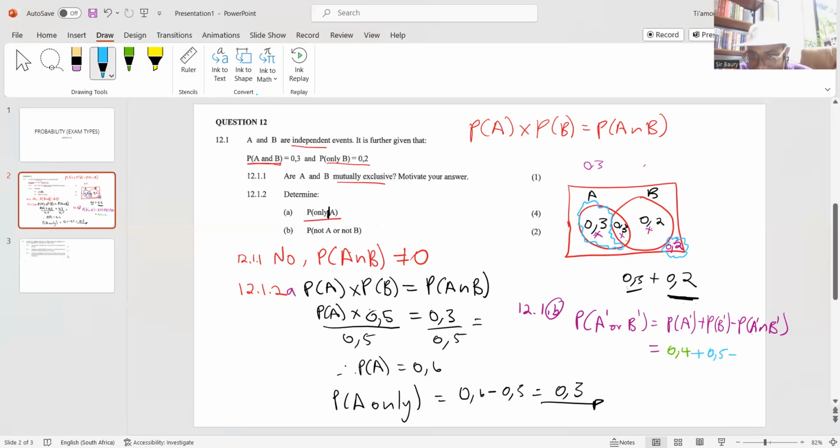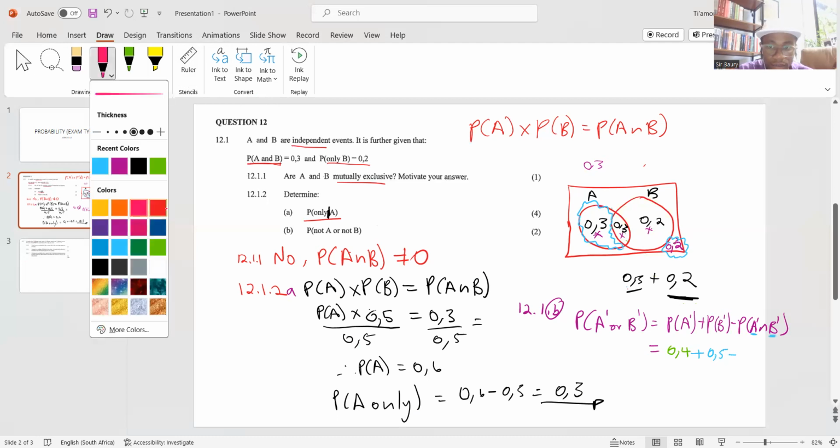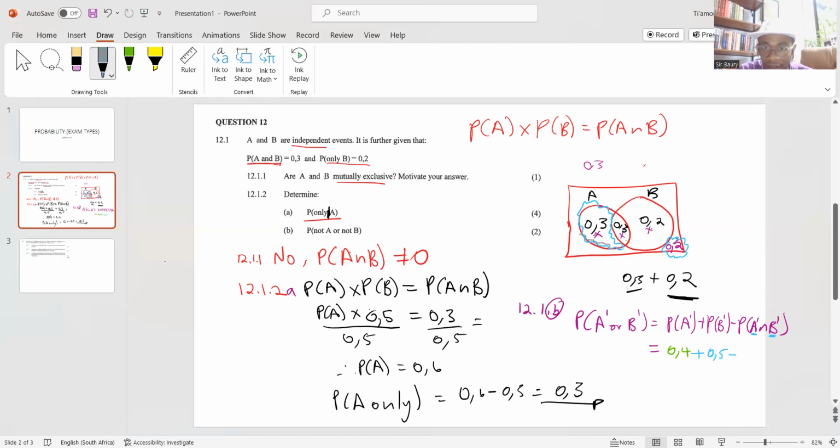What's not A and also not B? Everything else here. Whatever is outside of A and B is not A and not B. Whatever is not inside here, it's not A and it's not B. So it's going to be 0.2.